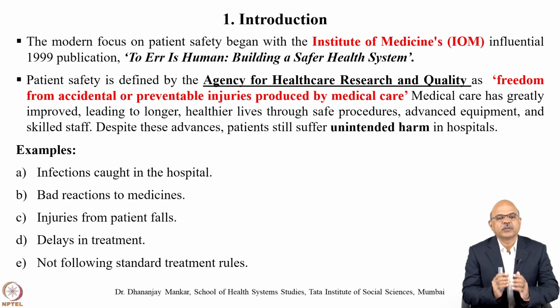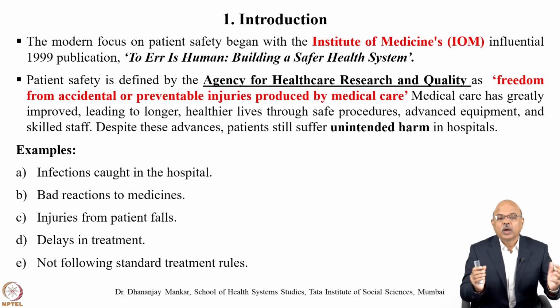Patient safety is defined by the AHRQ, that is the Agency for Healthcare Research and Quality, the apex body working on patient safety, as freedom from accidental or preventable injuries produced by medical care. Medical care has greatly improved.